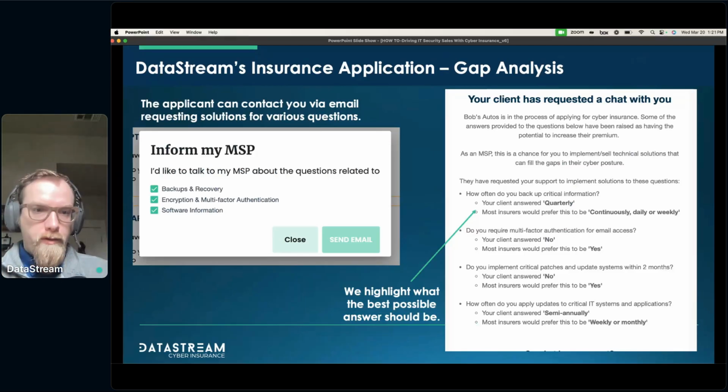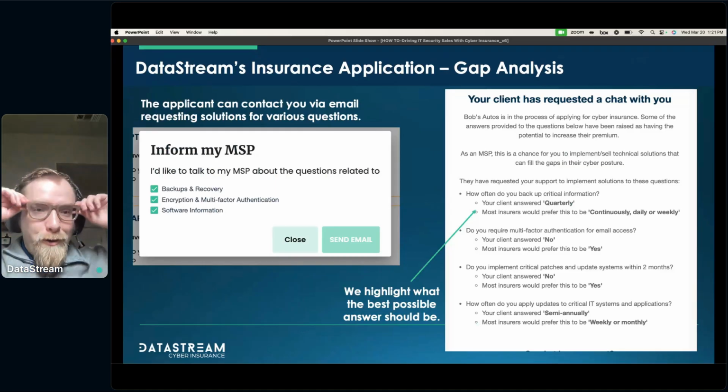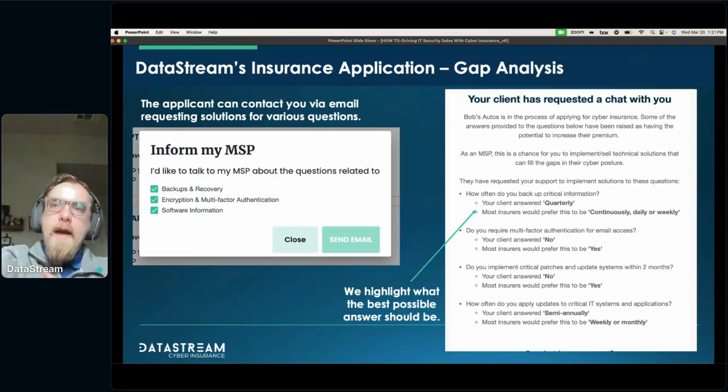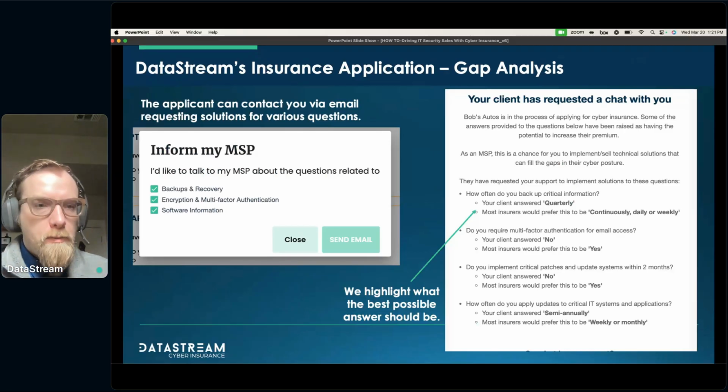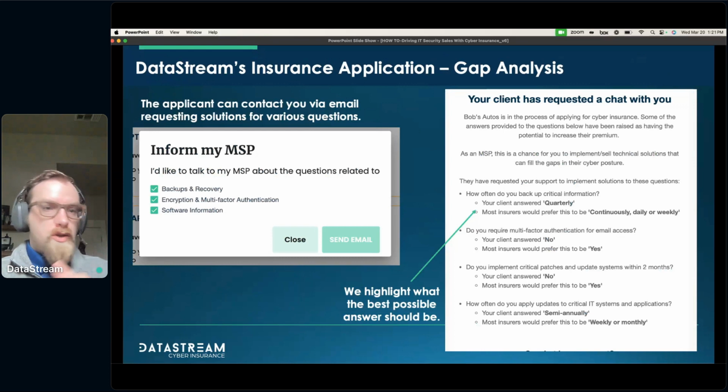But if for whatever reason you haven't had a chance to take a customer through that, or they're unwilling to listen, our application will also do the gap analysis depending on how their cybersecurity questions are answered. This way we can further reiterate it, because we're all about redundancy in the cyber insurance world. For those who already understand it, it's just reiterating it.